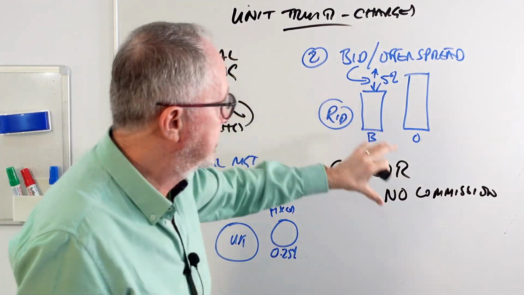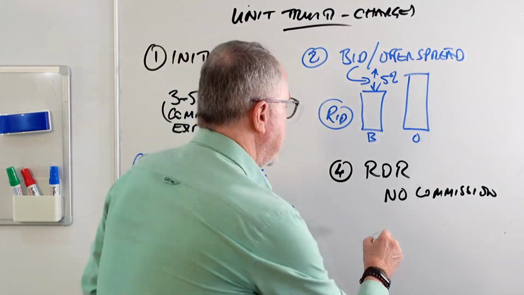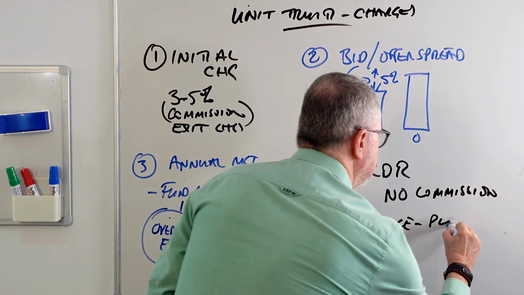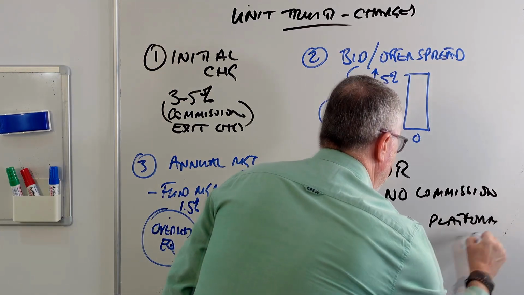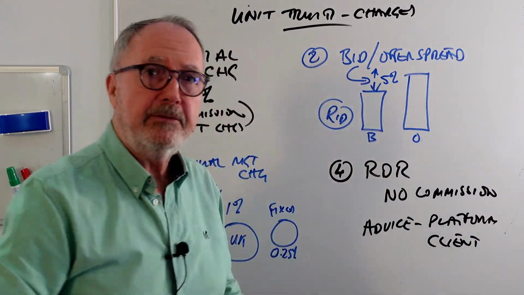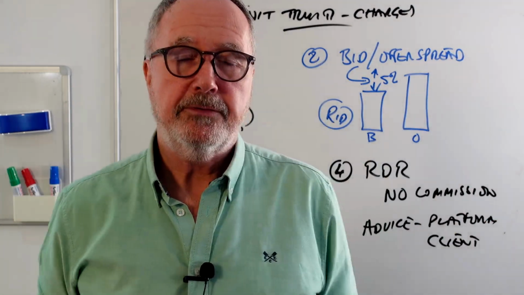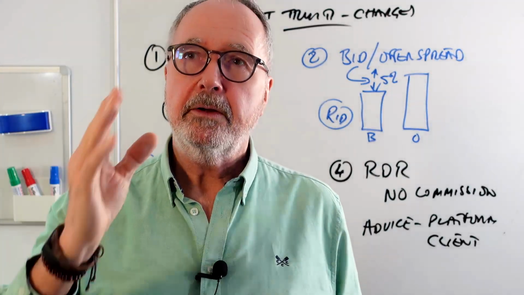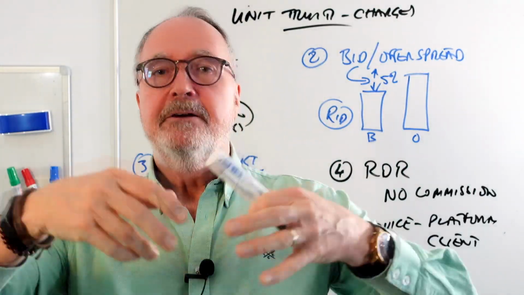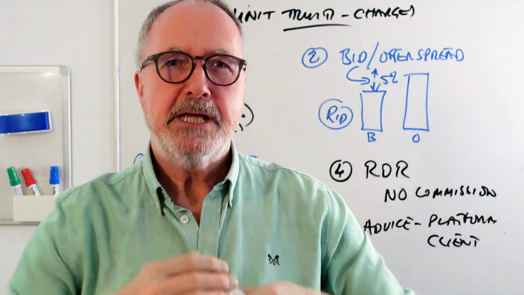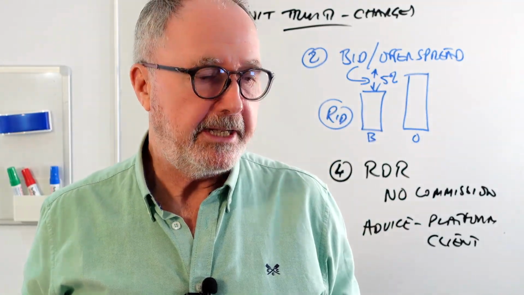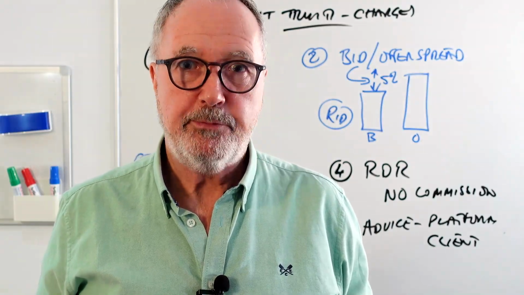We take our advice fees from the platform or directly from the client, depending on your business model. I think you guys tend to take it from the platform. An initial fee, and then the ongoing advice fee, which is your advice given to the client, fact finding, looking at goals, objectives, etc., and then looking at the platform and the multi-asset fund that you're going to be investing in. So that's pretty straightforward, isn't it?